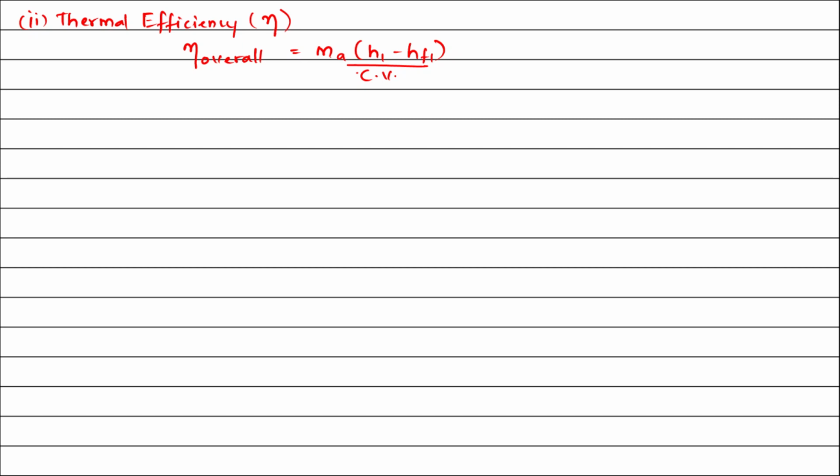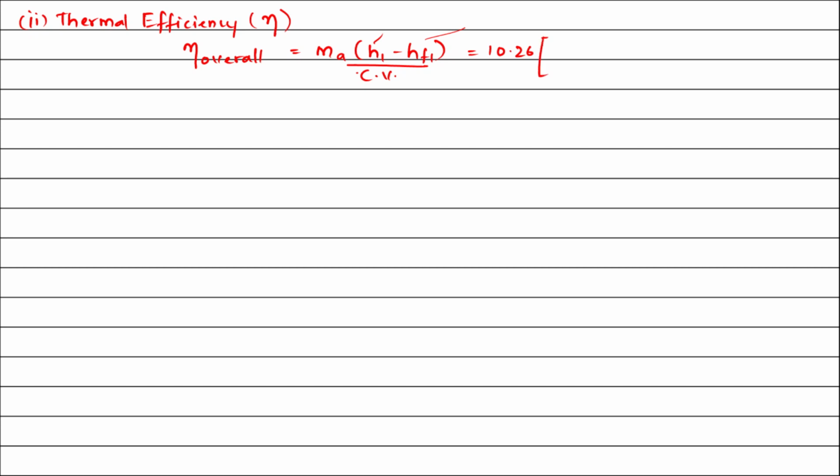Because I have to consider the enthalpy added in the boiler and in the economizer, from the initial condition before entering the economizer, that is the feed water condition, to the condition of the superheated steam. So hf1 is the specific enthalpy of feed water at inlet to the economizer, and h1 is the specific enthalpy of superheated steam at the boiler exit. That is why ma into (h1 minus hf1) upon CV.